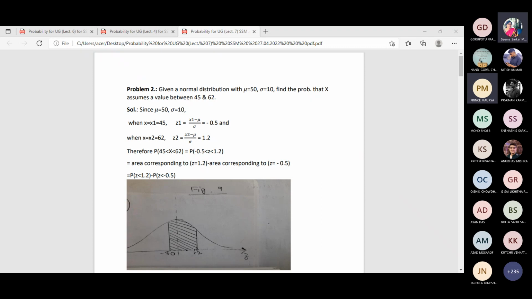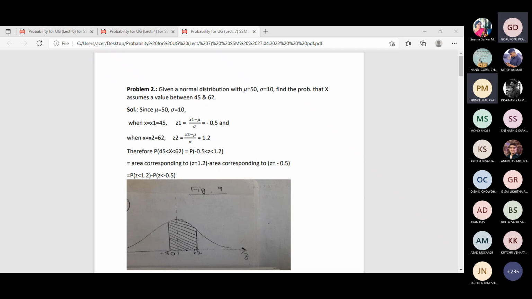Just take corresponding to 0.045. What is the area? You won't get that area. That is 0.6736.